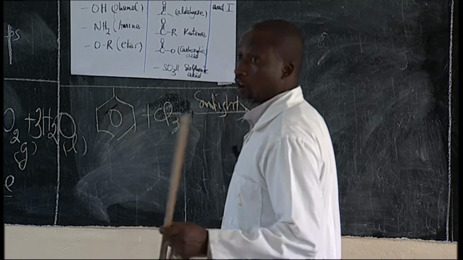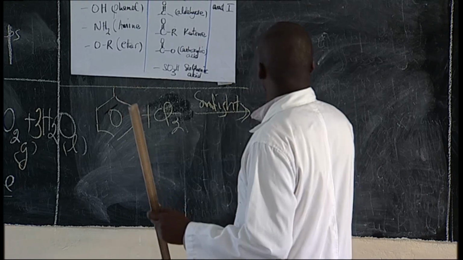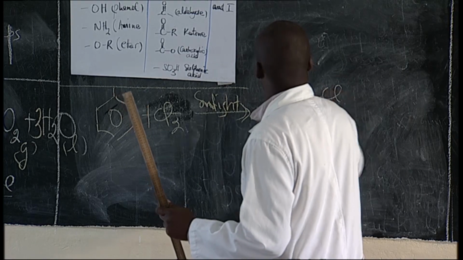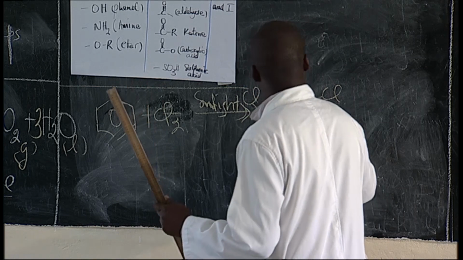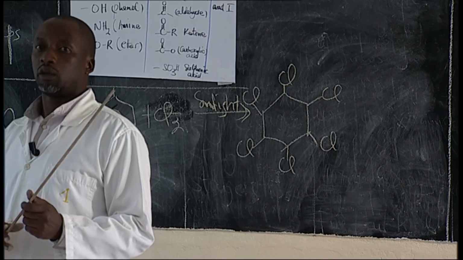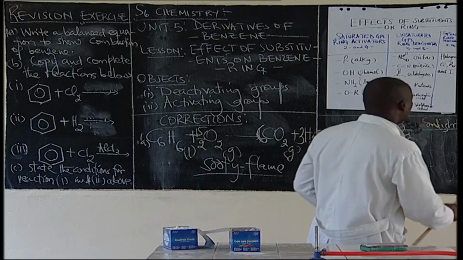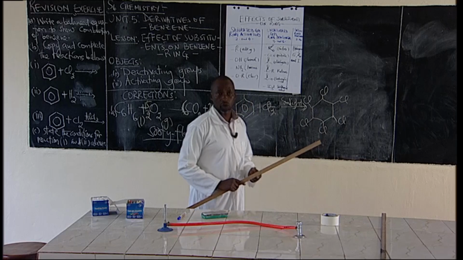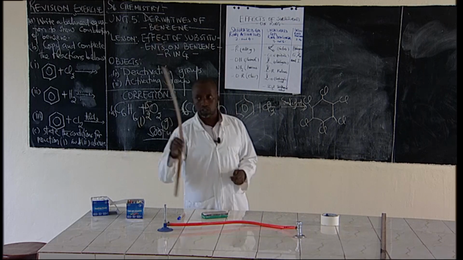So this reacts with chlorine in the presence of sunlight, and this undergoes radical substitution reactions. So chlorine will be substituted. This reaction involves the breaking of the delocalized system of the benzene ring. It is free radical substitution.